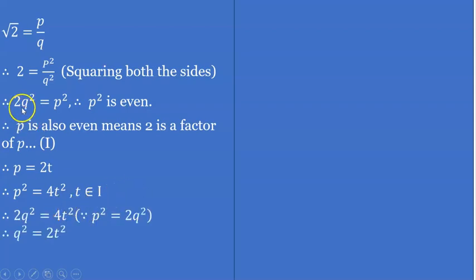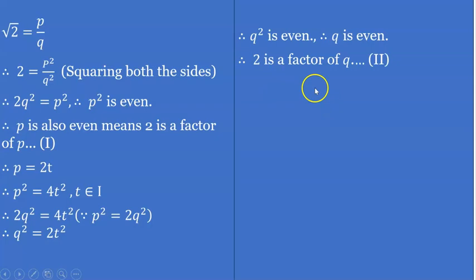We substitute the value of p square, which is 4t square. Therefore, 2q square is equal to 4t square and hence q square is equal to 2t square. q square is even and therefore q is even. 2 is a factor of q. This is the second one.